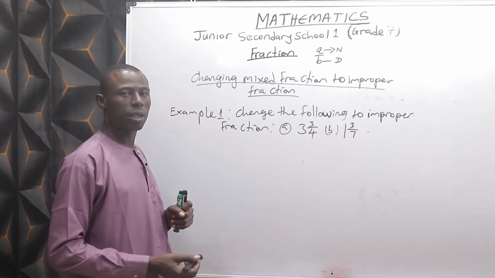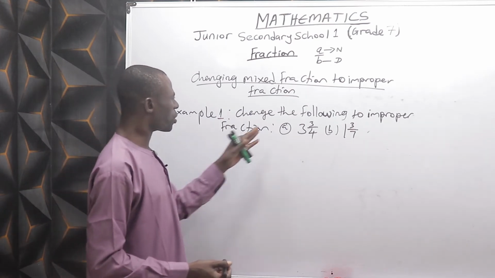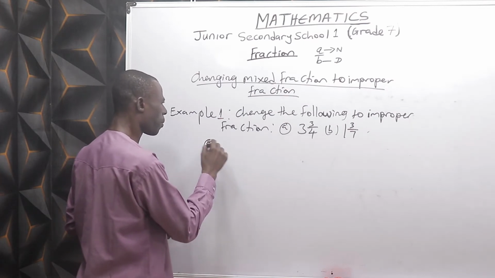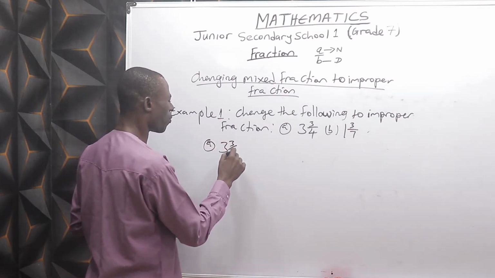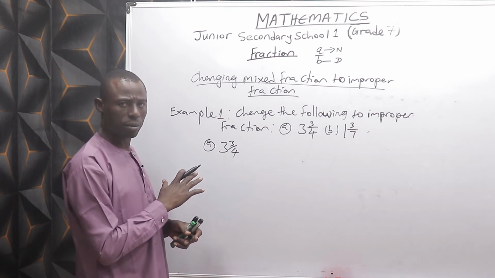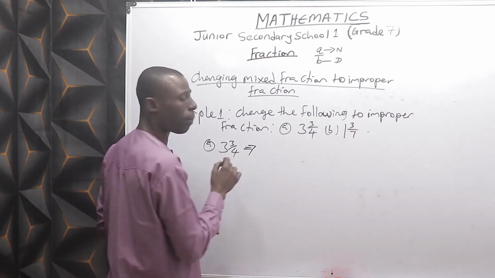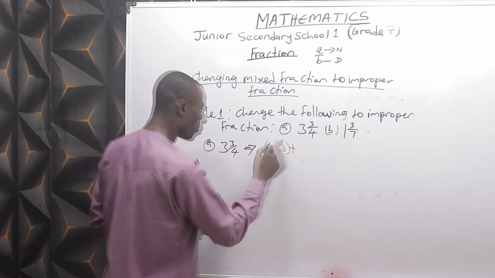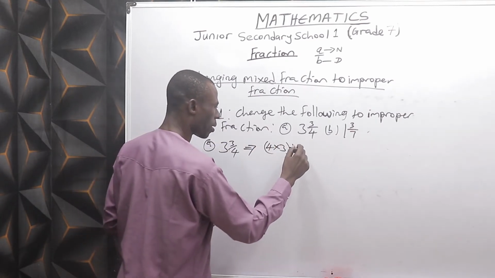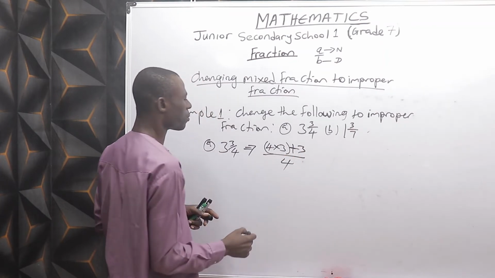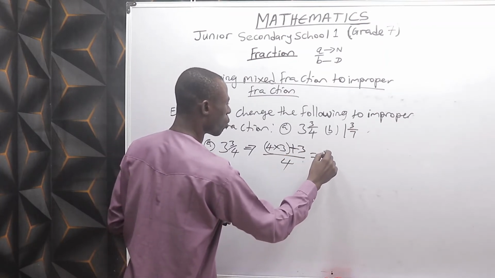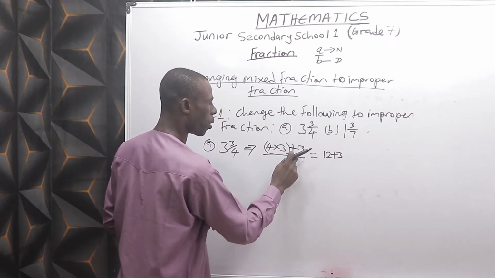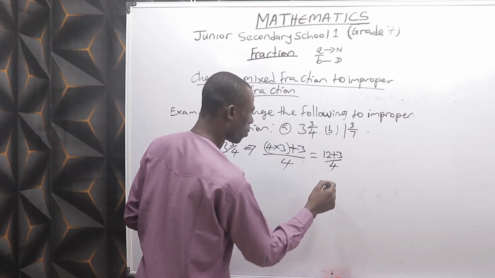Let's look at this example. Example 1. Change the following to improper fractions. Question A. 3 whole number 3 over 4 is a mixed fraction. So changing it to an improper fraction, we have 4 times 3 plus 3 all over 4, which is 12 plus 3. 4 times 3 is 12 plus this 3 over 4.